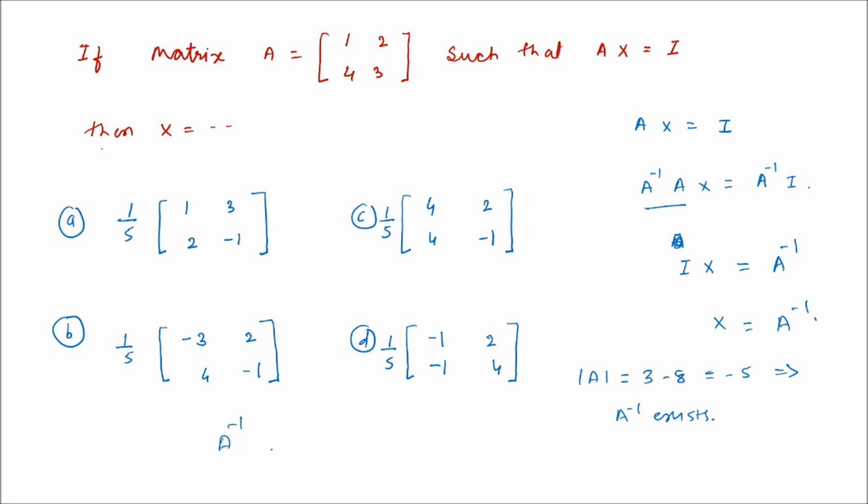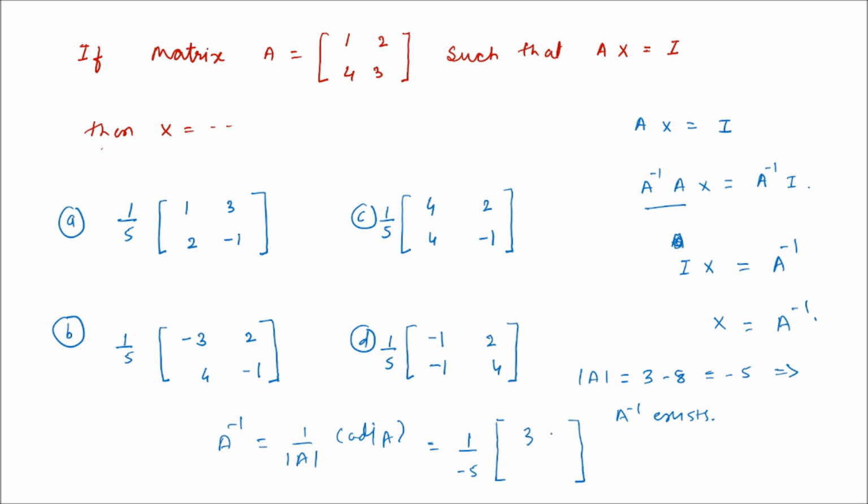So inverse of A is equal to 1 upon determinant of A into adjoint of A. So this is equal to 1 upon minus 5 times the adjoint of this, which means the matrix obtained by interchanging diagonal elements and changing signs of non-diagonal elements.